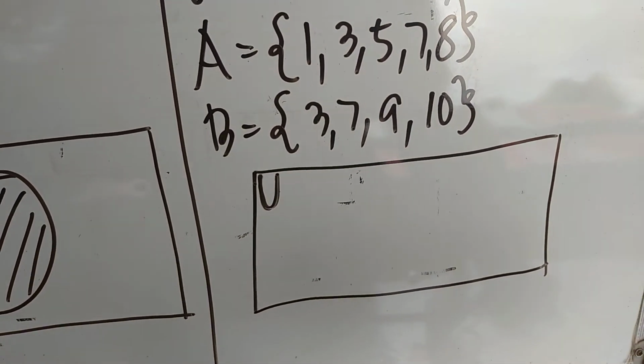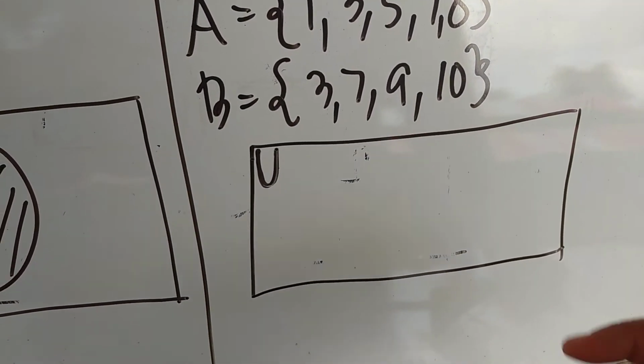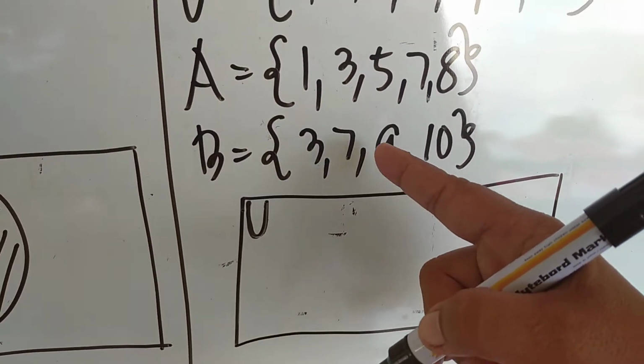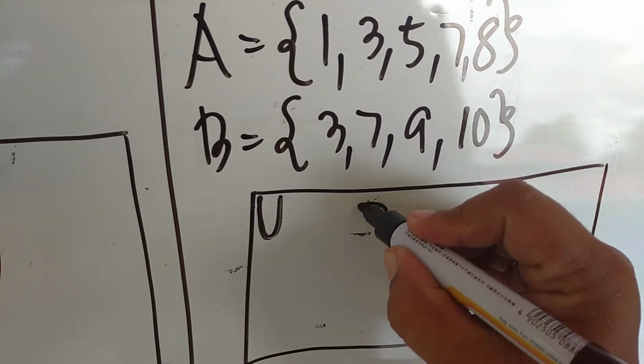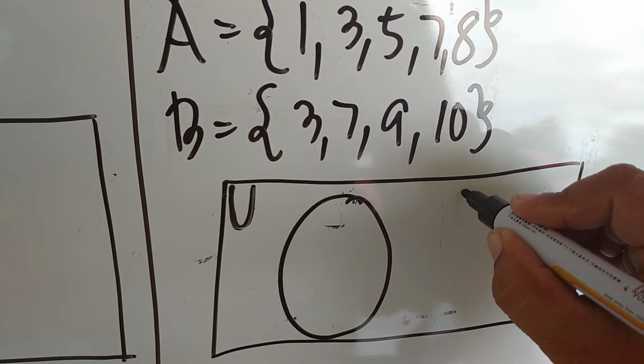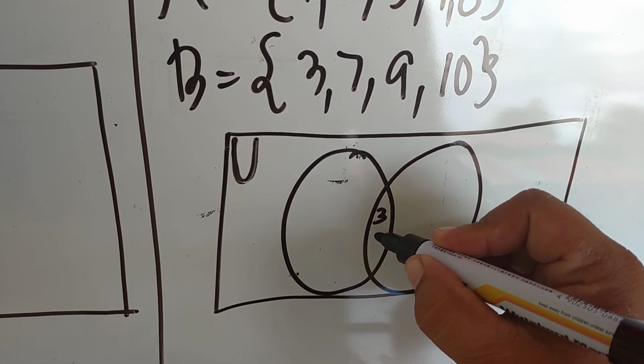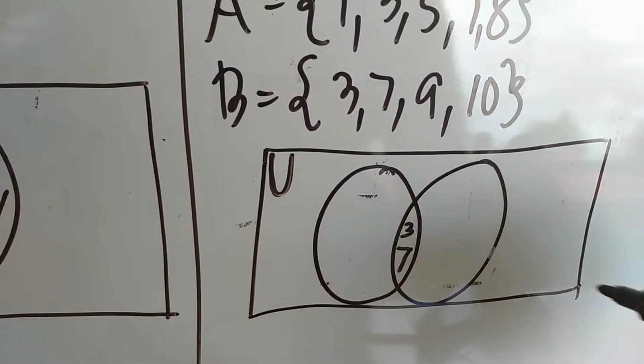Okay, so what are their common elements? We have 3 and 7. Okay. Let us draw now your Venn diagram. So we have their common elements 3 and 7.